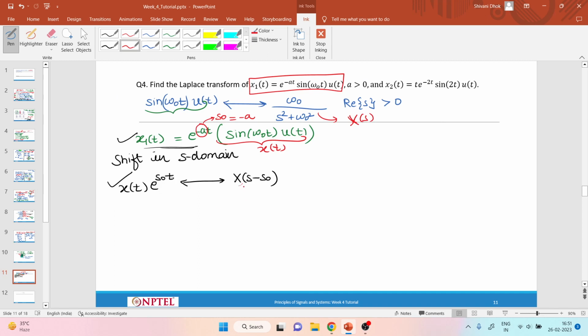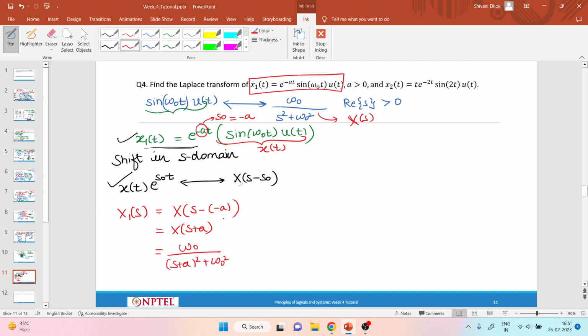So x1 of s, using this property shift in s domain, will be simply x of s minus s naught, that is x of s plus a. Now this I can write as, using this equation here, omega naught upon s plus a square plus omega naught square.